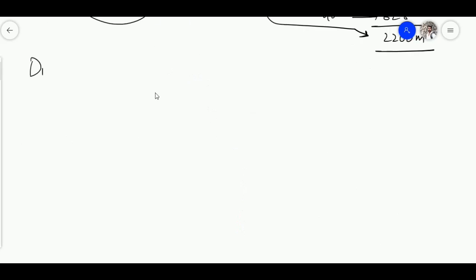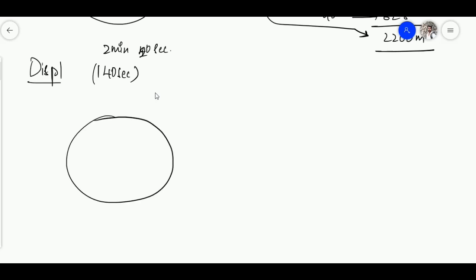Now we are going to find the displacement after running for 140 seconds, 2 minutes 20 seconds. Okay, so this is very important and also easier. Let's say he started here.